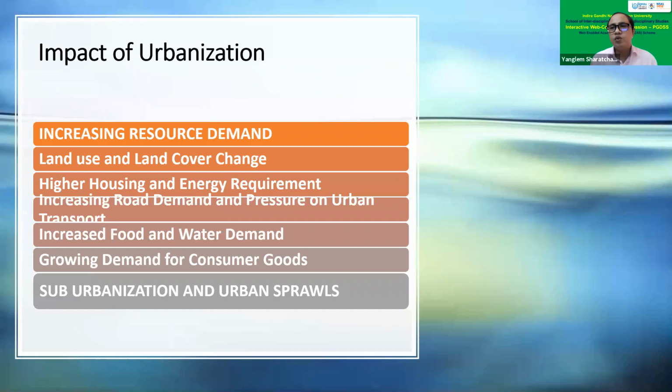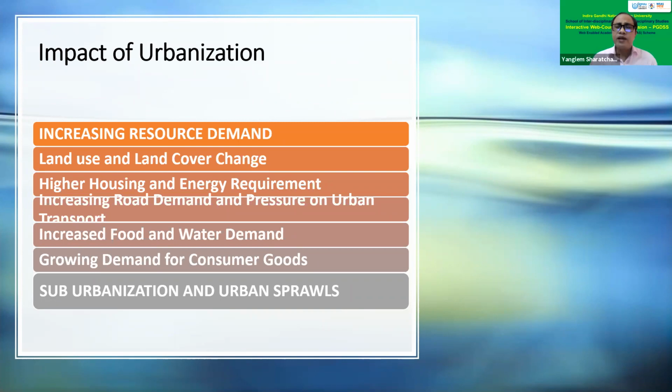When you look at the working population, they earn more money compared to their life in rural areas. When you have some disposable income, you start to spend money on consumer goods.